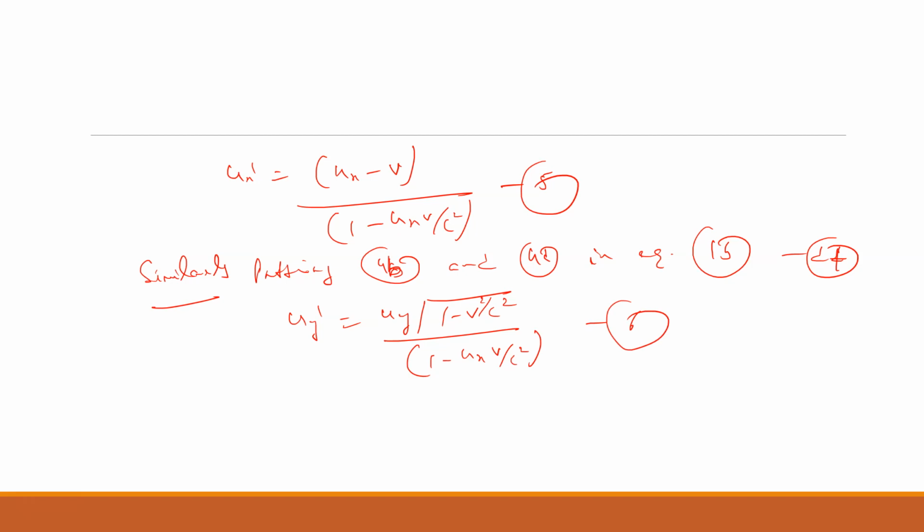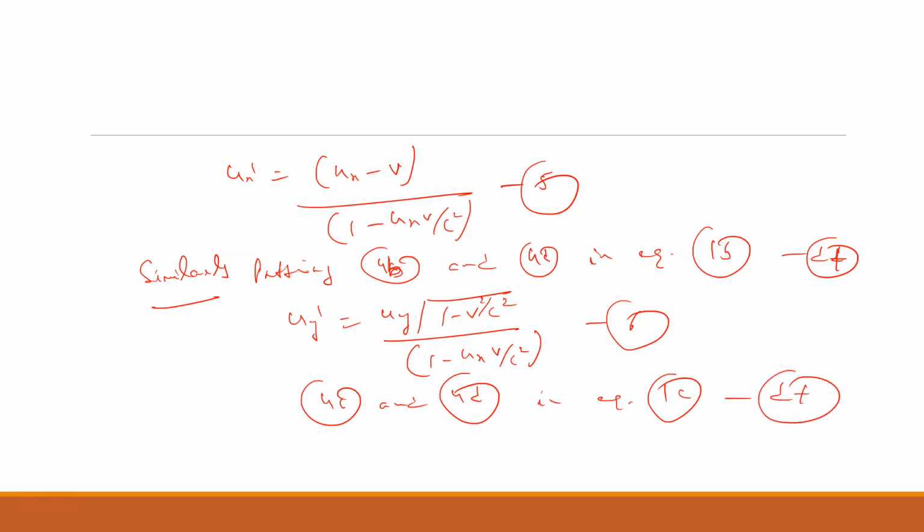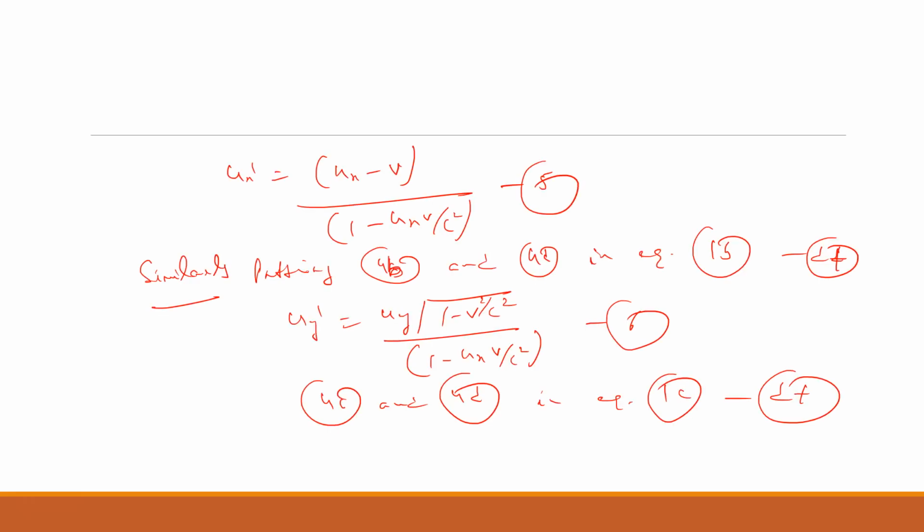Now similarly, by putting equations 4c and 4d in equation 1c, again dividing the numerator and denominator by dt, then putting equation 2c, and equation 2b. The steps are the same that you have to do.